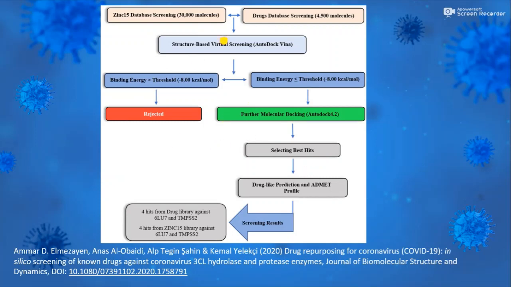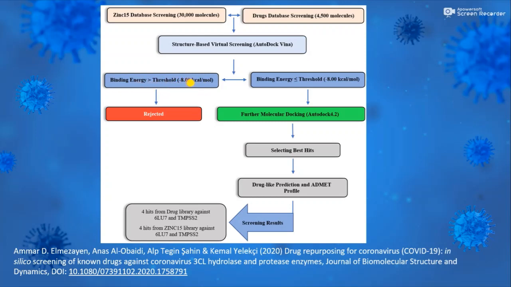In another approach of this type, the authors screened the ZINC database for almost 30,000 molecules, and a drug database. From there, they went for a virtual screening with the help of AutoDock Vina, and there they took a binding energy threshold of -8 kilocalories per mole.